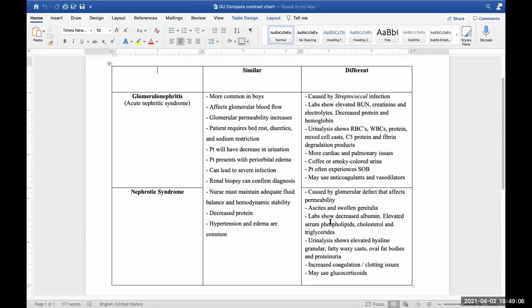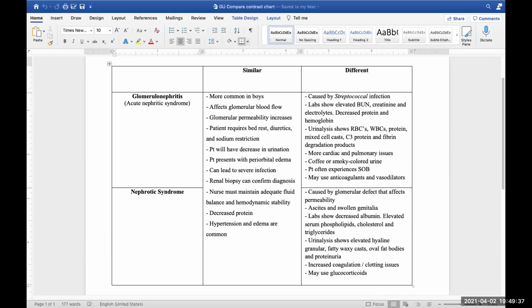And other things that I included were, for acute nephritic syndrome, they might use anticoagulants or vasodilators. And with nephrotic syndrome, the patient is more at risk for coagulation or clotting issues. So in case that helps. I actually really like that, seeing the similarities as well.